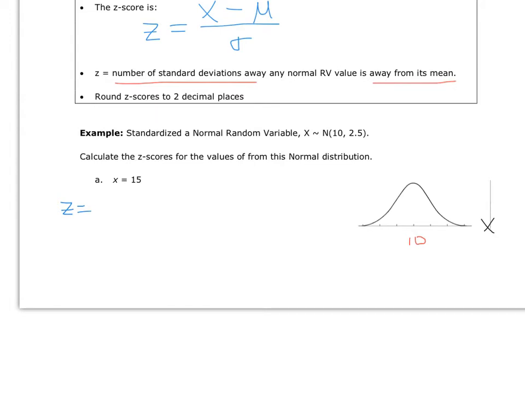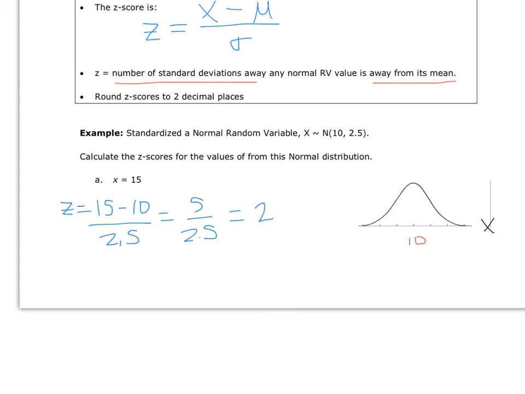Actually, let's back up, we want 15, we want the x value, minus the mean of 10, divided by standard deviation of 2.5. So we get 5 over 2.5, we get a z-score of 2.